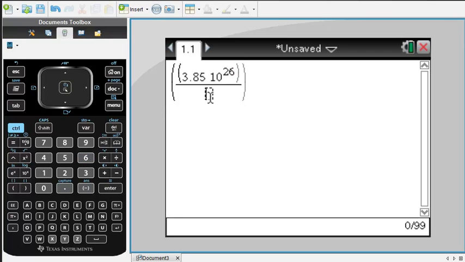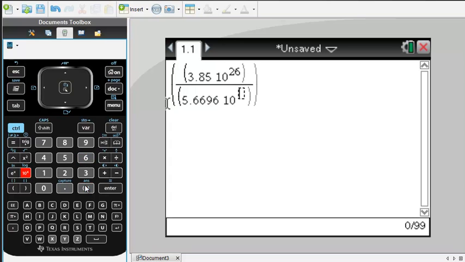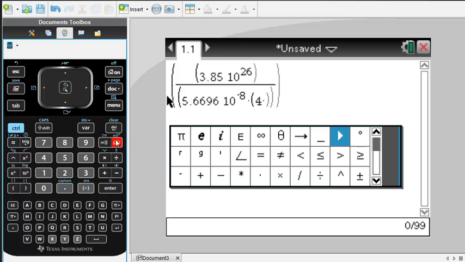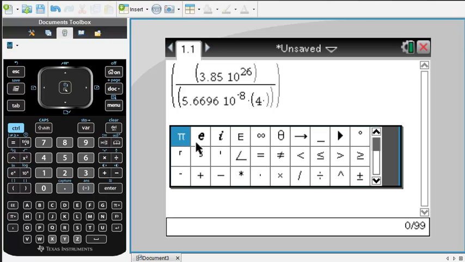And we are going to divide that by sigma, or the Stefan-Boltzmann constant, which is 5.6696 times 10 to the negative 8th. And then we need the surface area. So we've got 4 times pi, which is 3.1416.